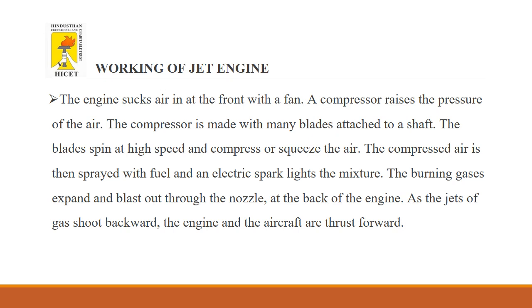The compressor is run by the turbine, but before the air passes through the turbine, the compressed air is combusted in the combustion chamber which is located in between the compressor and the turbine. The combusted air is then passed through the turbine for expansion, where the turbine gets rotated by the combusted gas. That turbine rotation is supplied to the compressor for compression of the air.